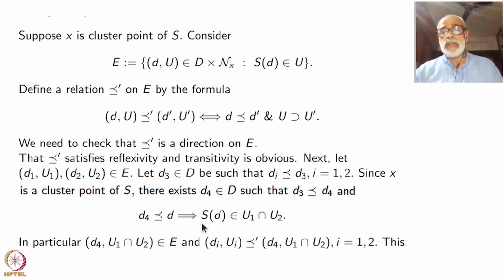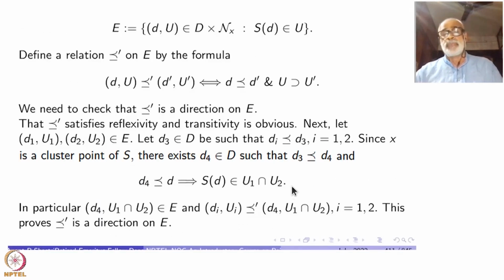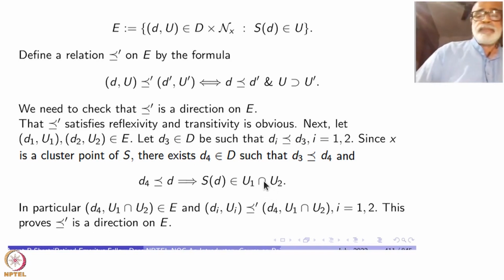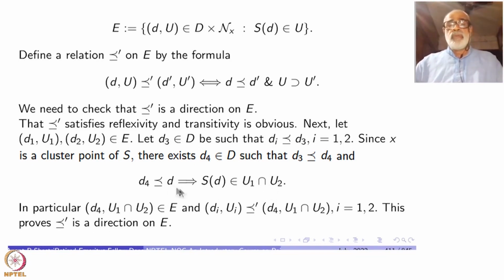D4 less than or equal to d implies all such S_d's are inside U1 intersection U2. That just means that (D4, U1 intersection U2) is an element here, because S_D4 itself is inside U1 intersection U2. So I can put D equal to D4 here.